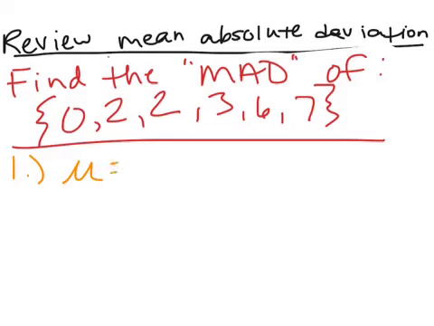The mean is equal to the sum of all of my numbers, and when we add up 0 plus 2 plus 2 plus 3 plus 6 plus 7, we get 20. Then we take 20 and divide it by 6, and we get 3.3 repeating. But we're just going to round that to 3.3.